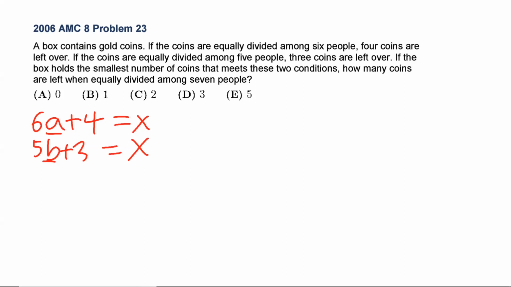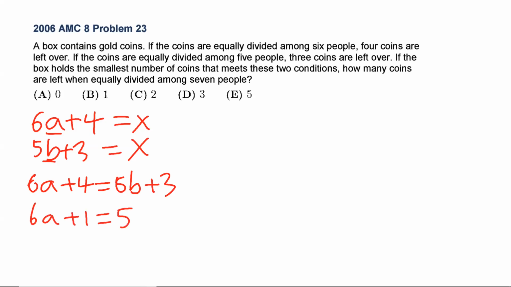So we know that 6A plus 4 is equal to 5B plus 3. And if you simplify this a little, you'll get 6A plus 1 is equal to 5B. So at this point, it's kind of about guess and check. So you have to find the A and B that satisfy this equation. The smallest A and B, because note they ask for the smallest number of coins.